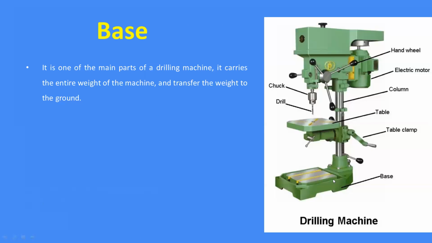From our naked eye, what we can observe is that the function of this base part is to carry the entire weight of the machine. This base part will be carrying all the weight of the machine, and this weight will be transferred to the ground.